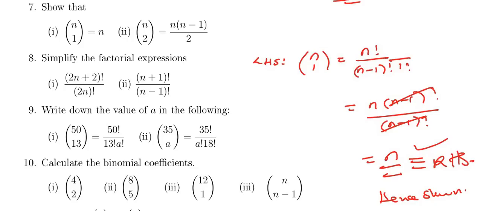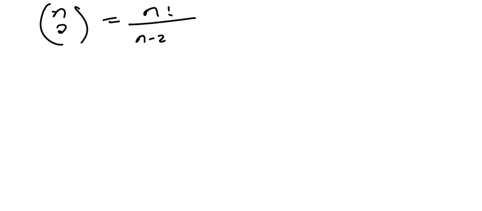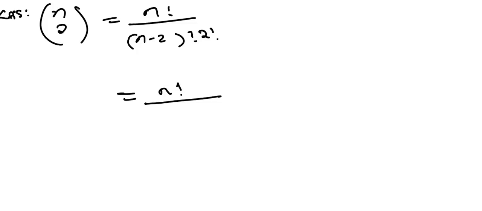Number 7(2), they're saying we need to show that n choose 2 is the same as n times n minus 1 over 2. So n choose 2 is the same as n factorial over n minus 2 factorial and 2 factorial. I'm picking the left hand side again. This is equal to n factorial over n minus 2 factorial and 2.